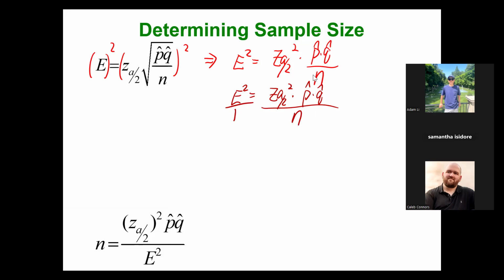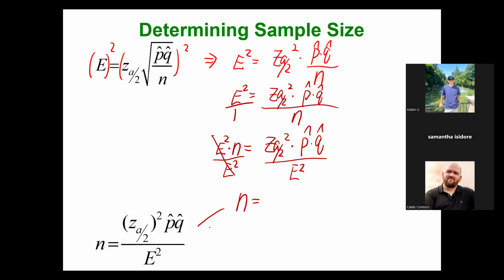Once we cross multiply, we get E squared, and n goes to the left, times 1 equals z squared times p hat q hat. After that, we divide both sides of the equation by E squared. Cancel the E squared, and n is by itself. Then we come out with this formula here. So that's how we estimate the sample size.